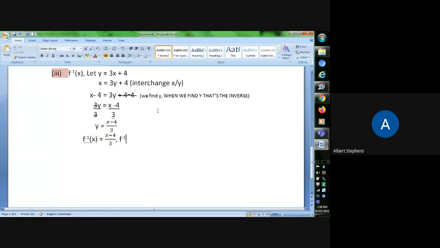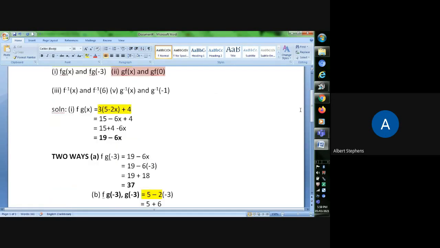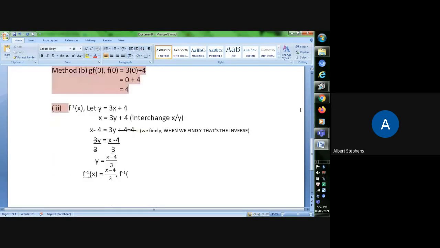So f inverse x, no, not x, it would be 6.